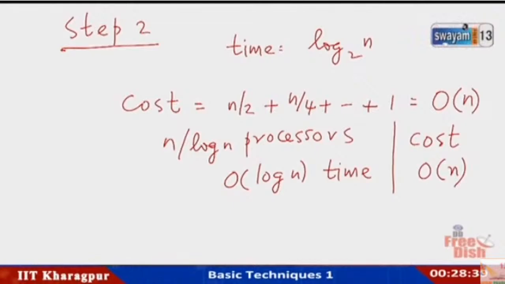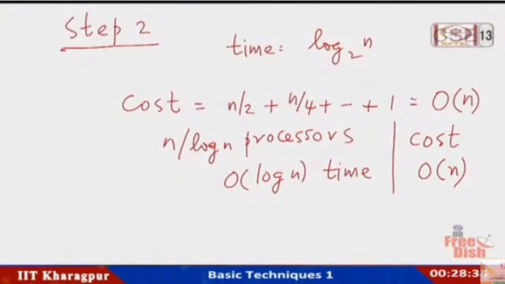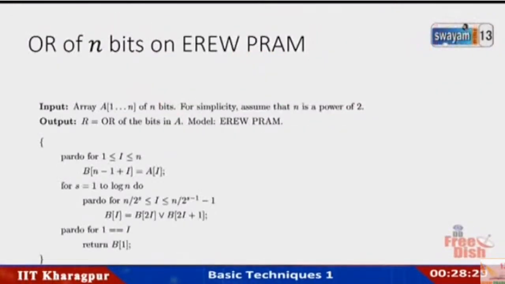So by Brent's scheduling principle, step 2 can be scheduled in order of n cost and order of log n time. Finally, in the third step, we return the root's value.